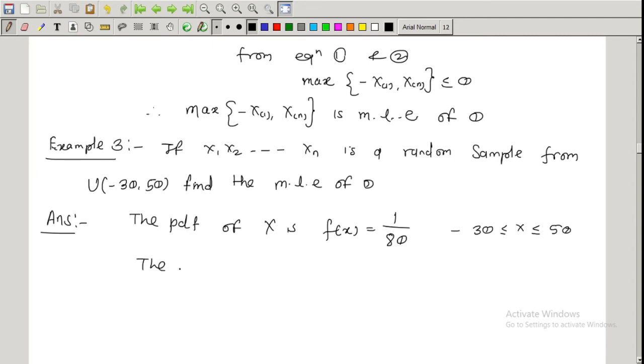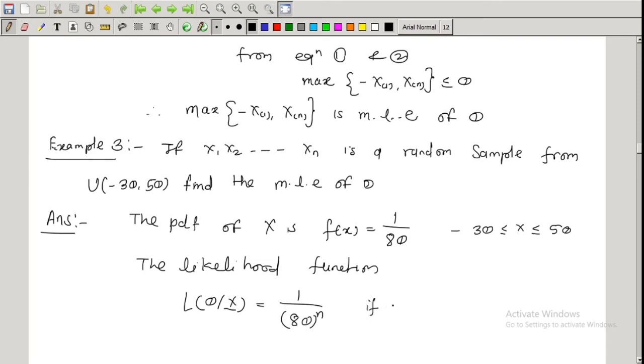And the likelihood function L theta given x bar is equal to 1 upon 8 theta, bracket raised to n, for the range minus 3 theta is less than equal to x1 comma x2 comma dash up to xn is less than equal to 5 theta.